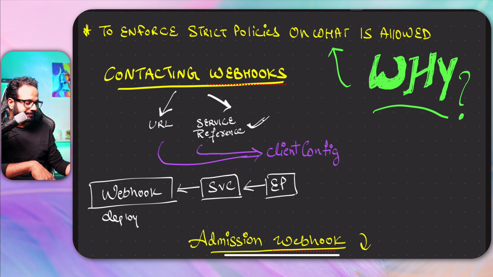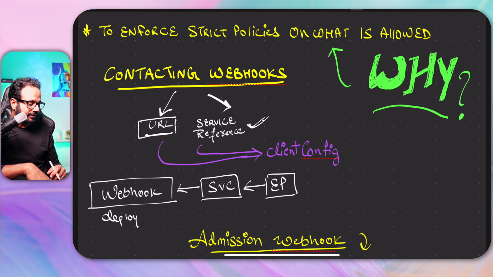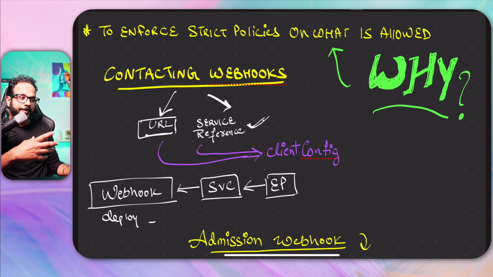And if you are using a DNS record, then you can use the URL as well over here. So you can provide any of the references, the URL or the service reference, depending on how you have created the webhook. And yeah, if the deployment is down, if the pods are down, or if somehow the services are not exposed properly behind this deployment, then the webhook will fail.